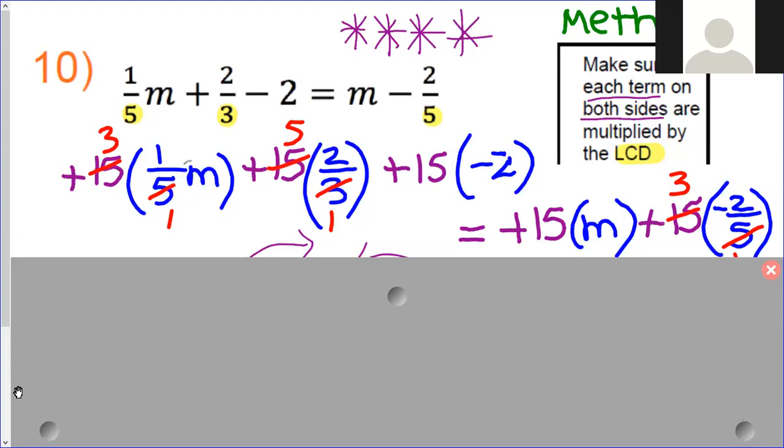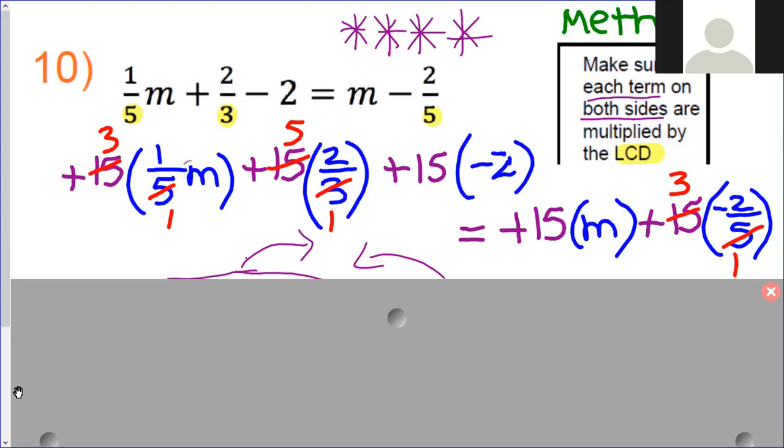over 5. The second step is I have to cancel out the denominators. So 5 goes into 15 3 times, 3 goes into 15 5 times. And the denominator over here, 5 goes into 15 again 3 times. So I had to eliminate my denominators.